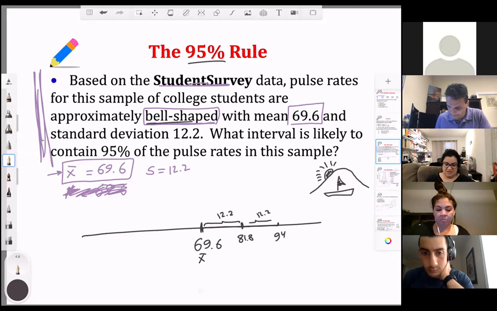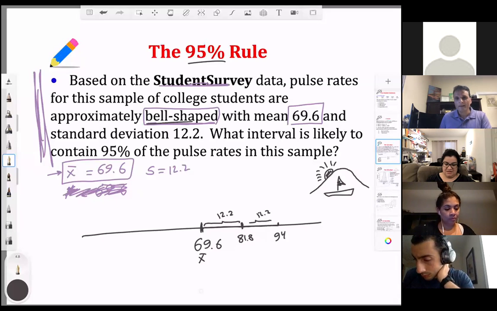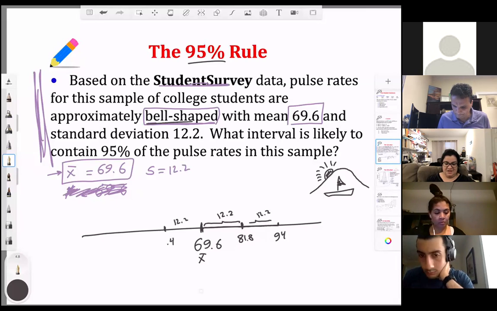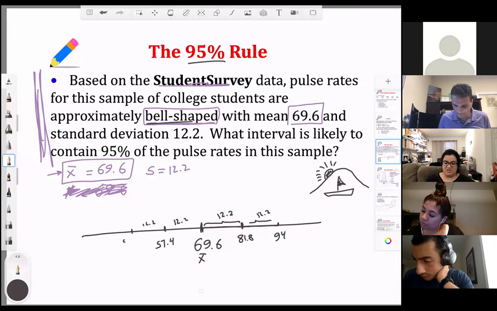Then we take it over to 106.2. Now we're subtracting 12.2. What do we get? 57.4. Okay, another one: 45.2.